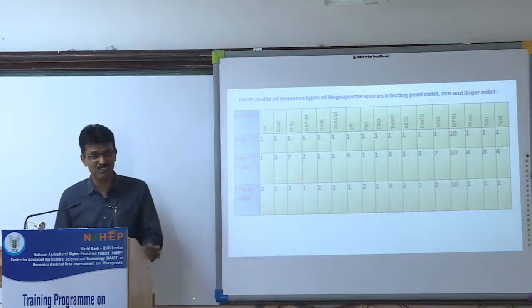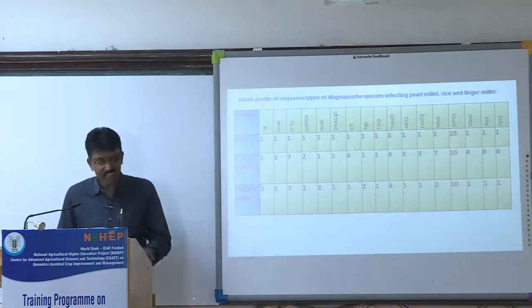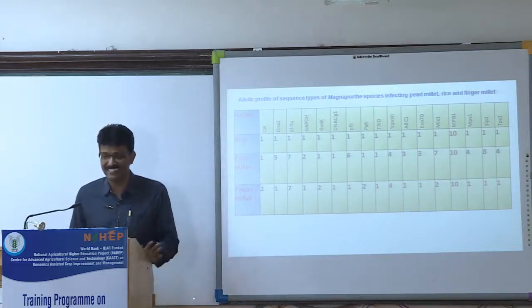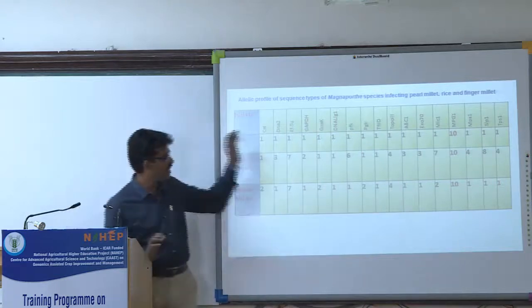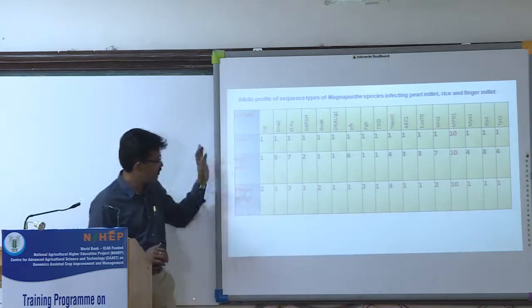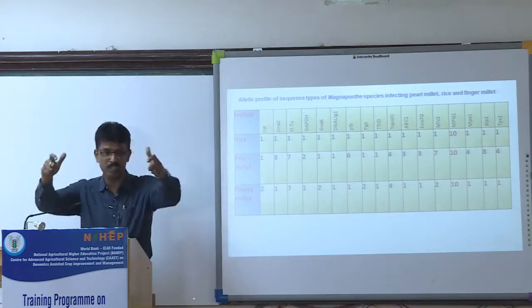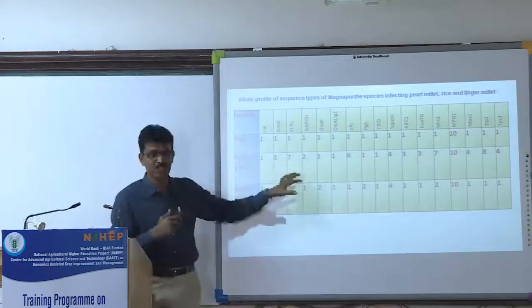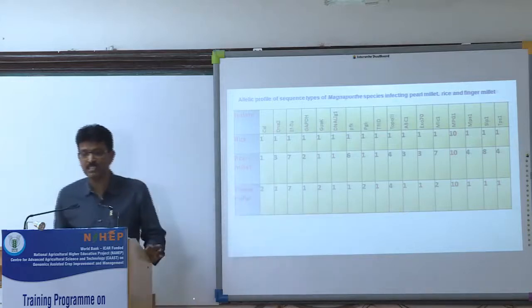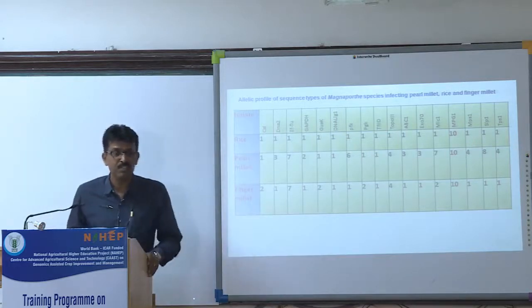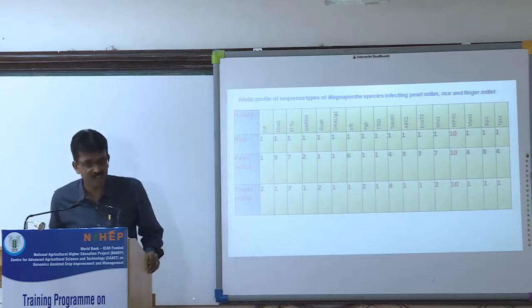Good information for us. And second, the allelic profile is completely different. What is there in rice, you can see here, and what is there in pearl millet is completely different. If you stitch all of them together and create a code, this code is different and this code is different. This is something like molecular barcoding using multi-locus sequence analysis.